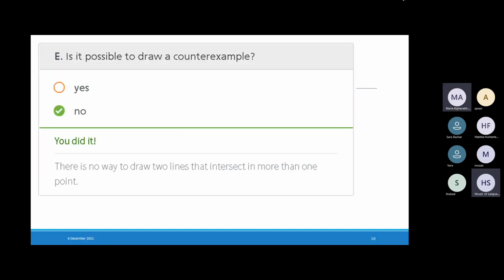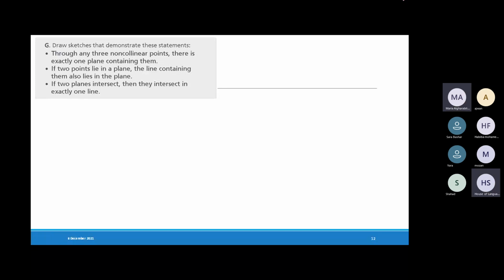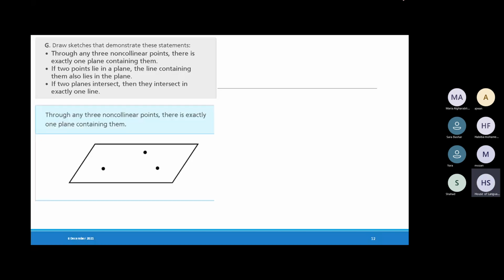Now, draw a sketch that demonstrates these statements. The first one, we talked about it, like here: through any three non-collinear points, there's exactly one plane.